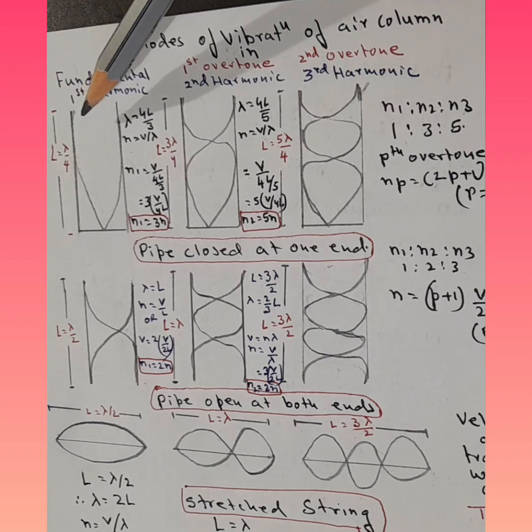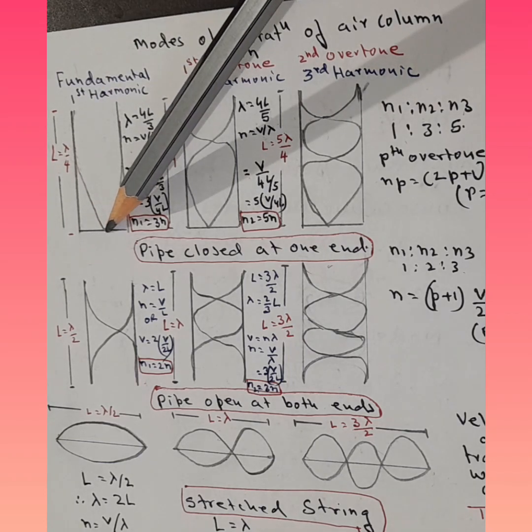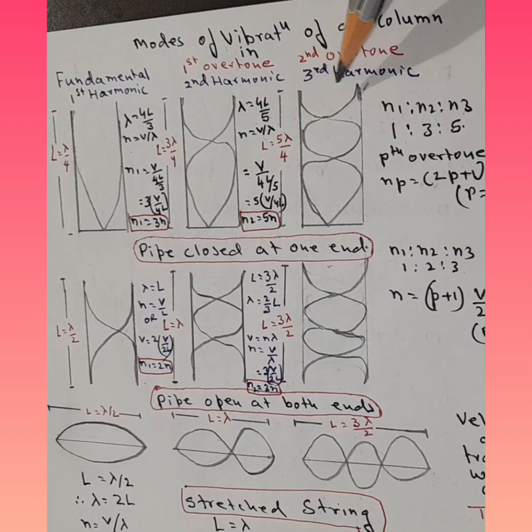The boundary condition says that at an open end, the wave always forms an antinode, whereas at a closed end, it forms a node. So that's what you would find over here. At this place, we are finding an antinode: open end, open end, open end, all antinodes.